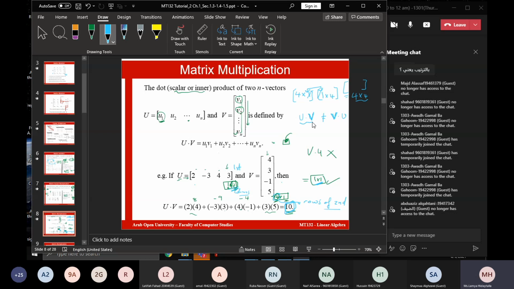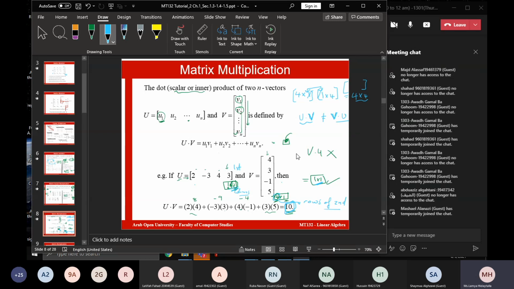And sometimes you can multiply this, but you cannot multiply that, for instance. And we will see this later. So always make sure you arrange your vectors or your matrices correctly: the first in the place of the first and the second in the place of the second. Clear?